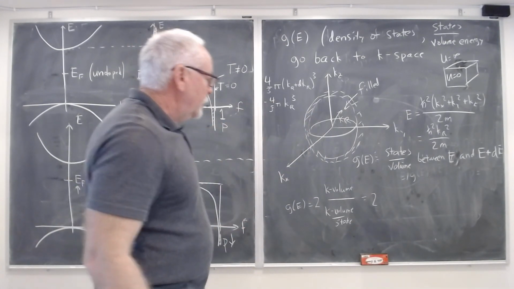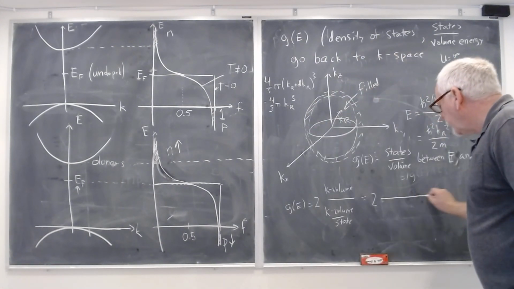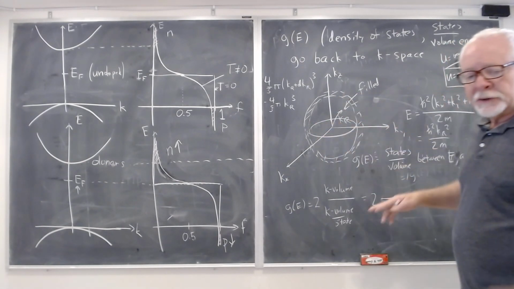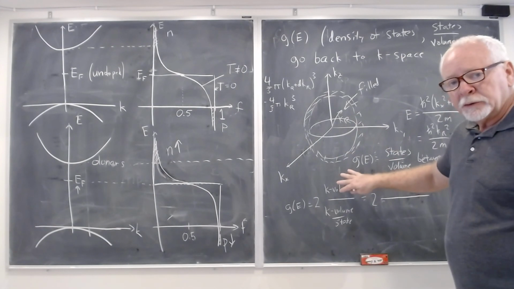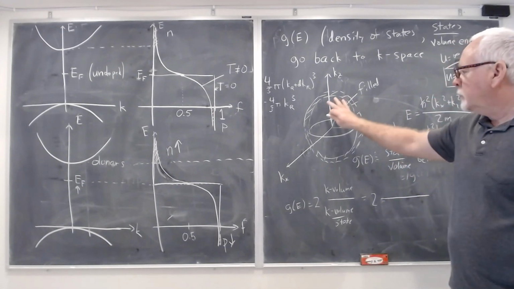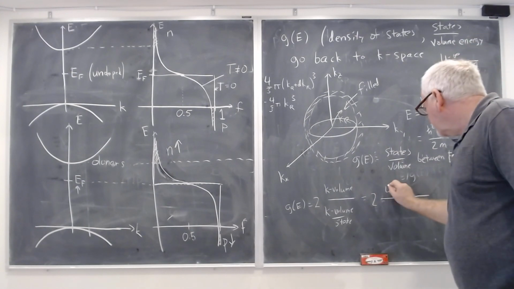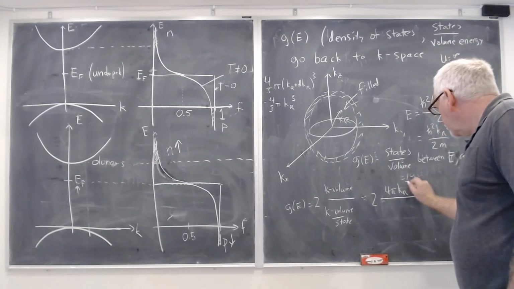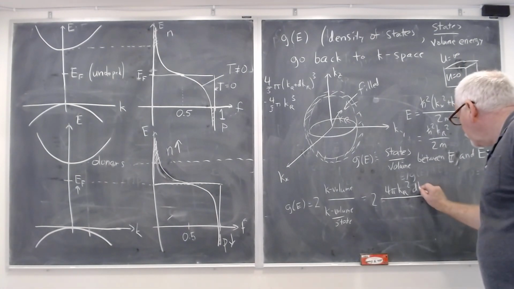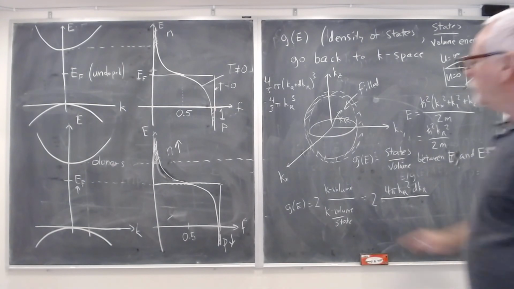Now, the simpler way to think about it is that the volume of this is equal to the surface area of that times dkr. Now the surface area of the sphere is 4 pi kr squared. So, you can get that from doing this.